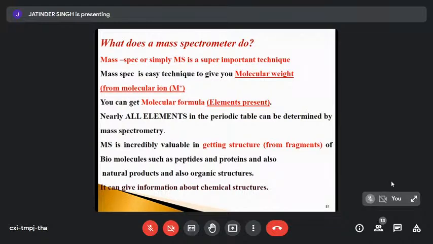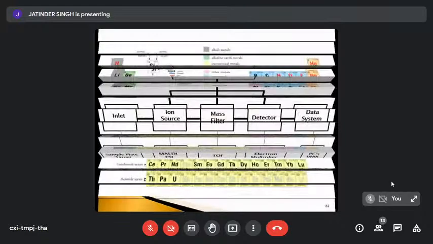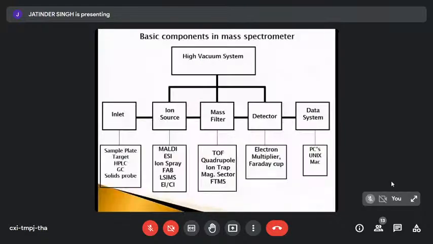We can find the atomic weight or molecular weight of a substance. Nowadays, mass spectrometry is a highly advanced technique for analyzing systems.